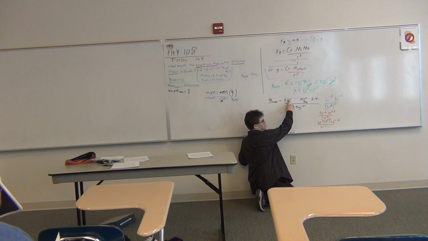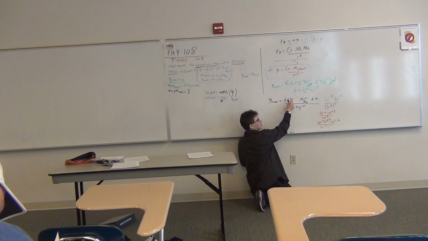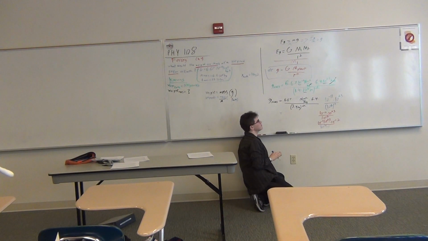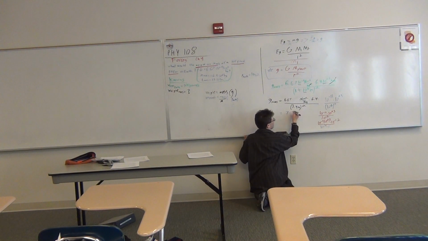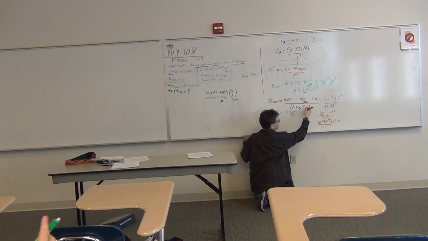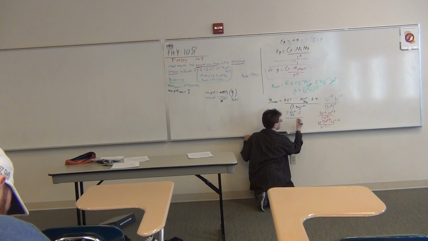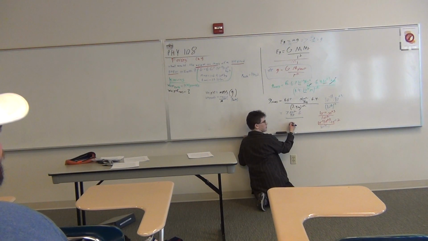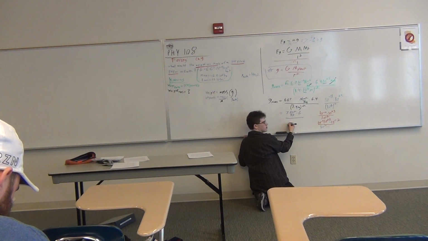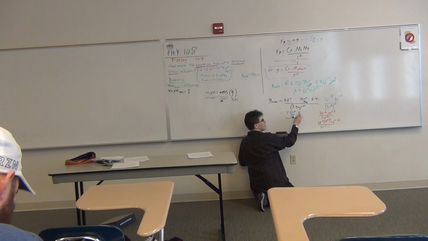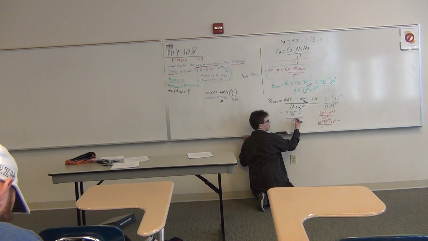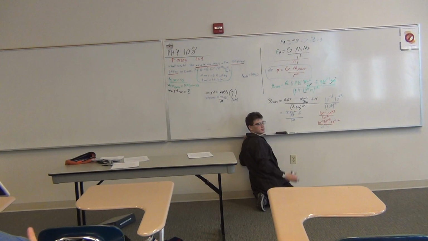So now we have 6.67 times 6.4. What number can we round these to? We can say 7 times 6, all over 3.4 squared, which is going to be bigger than 9 because of the 0.4, so I'm going to make that a 10 to make it friendlier.